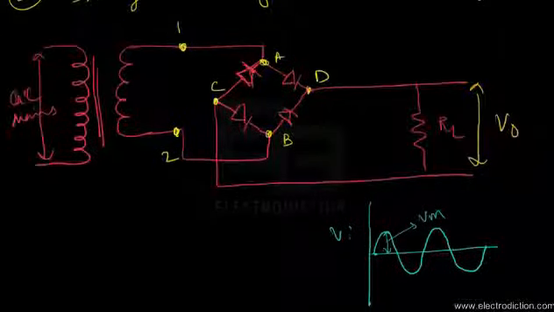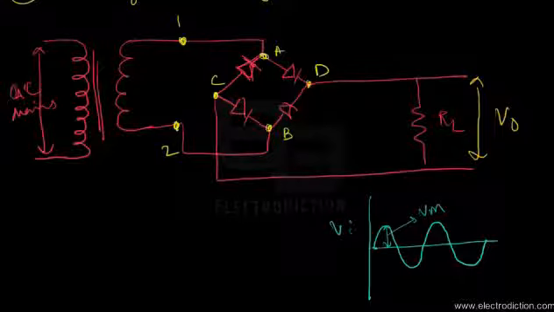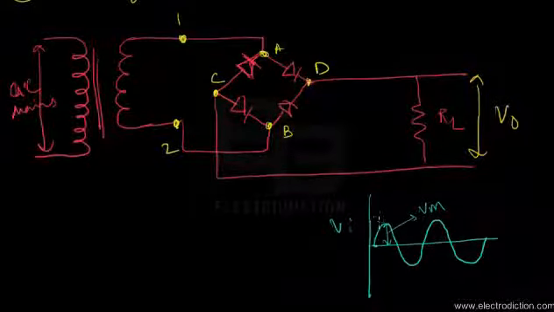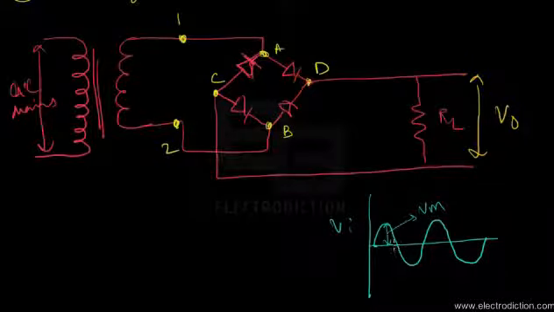Whenever the positive half cycle of this input signal arrives across terminals 1 and 2 of the transformer secondary, terminal 1 goes to positive voltage levels and terminal 2 to negative voltage levels.